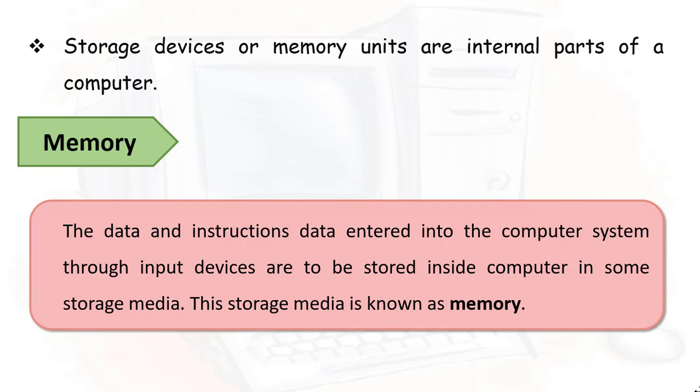This storage media is known as memory. The data or instructions given by the user, by using the input devices, are stored somewhere in the computer system, right? That place where they are stored is known as the memory of the computer system.